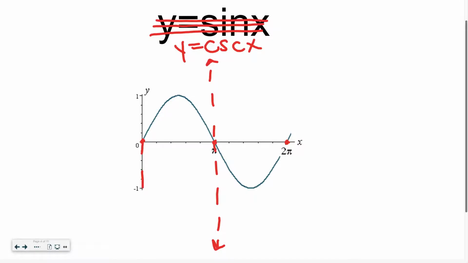So anytime the sine is 0, we get an asymptote for cosecant. You see what's going to happen, Max? It's going to look kind of like a bunch of parabolas. I wouldn't call them parabolas, but yes, we are going to see a bunch of U's.